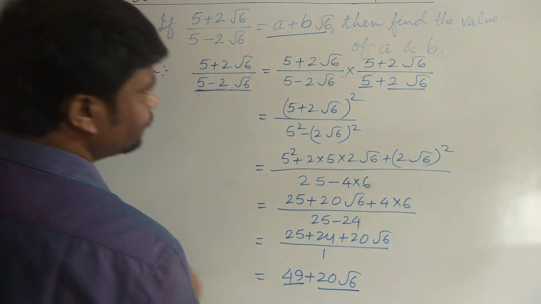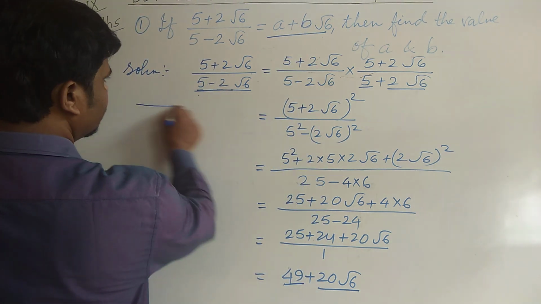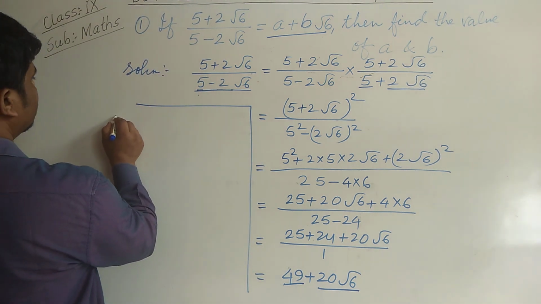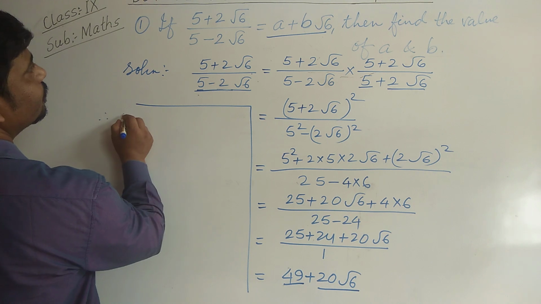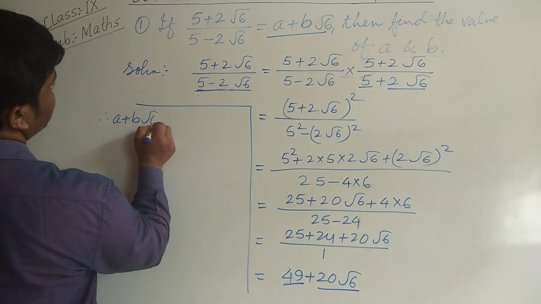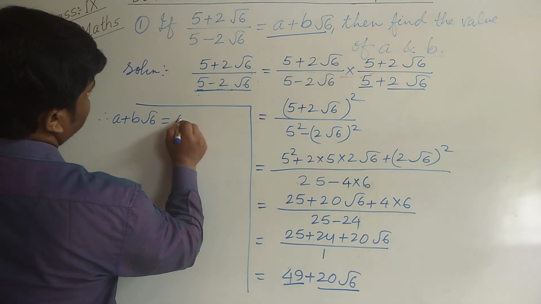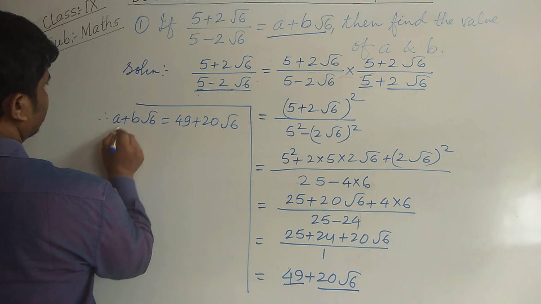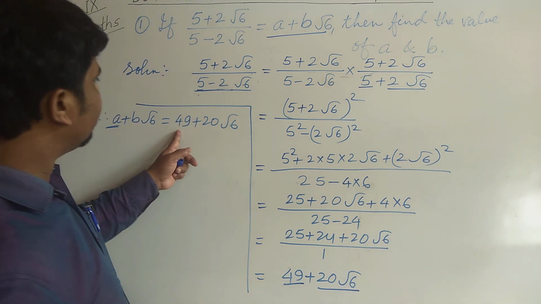So when you compare, therefore a + b√6 equals 49 + 20√6. Then rational will be compared with rational.